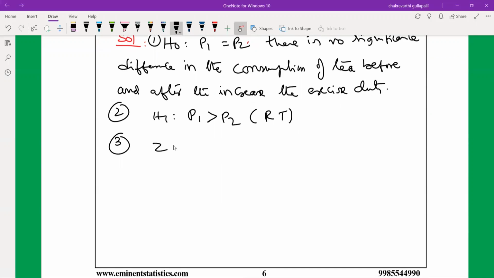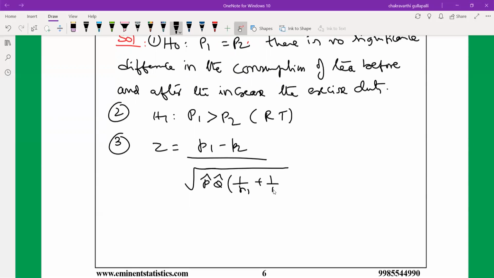Test statistic: Z is equal to (small p1 minus small p2) by square root of P cap Q cap (1 by n1 plus 1 by n2). This follows N(0,1). Now small p1 is equal to x1 by n1.